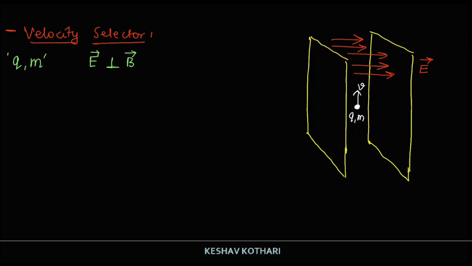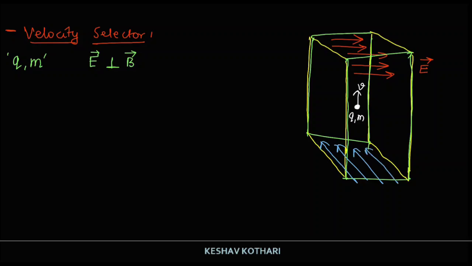Now if I want to nullify the effect of this particular force, we introduce another two plates which will be creating magnetic field which will be directed into the plane of the region. So we are representing it in this way. Over here, these green lines are basically acting like the poles of the magnet and are responsible for creating a magnetic field B vector which is directed into the plane of the screen like this.